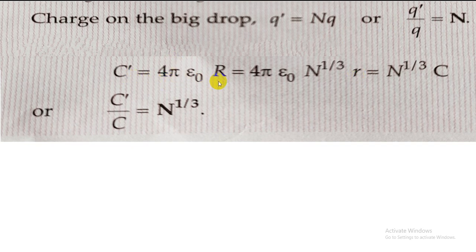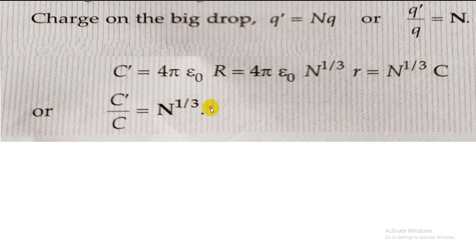Capacitance of the bigger drop, as per the formula, we have the value of R, we put it here, so we get this value, where C is 4 pi epsilon naught r, so we have written it C. Now we need to find the value of C dash by C, the capacitance of the bigger drop with respect to the smaller drop, so it is n raised to the power 1 by 3.